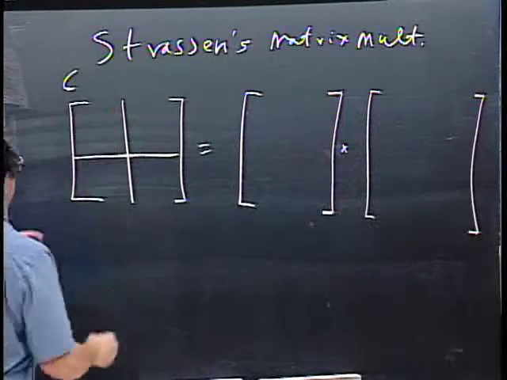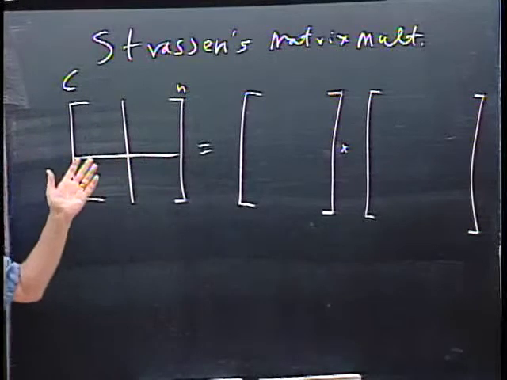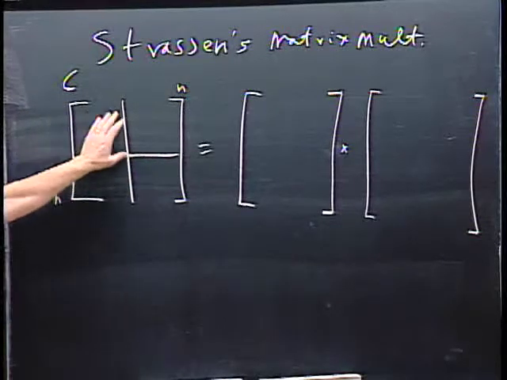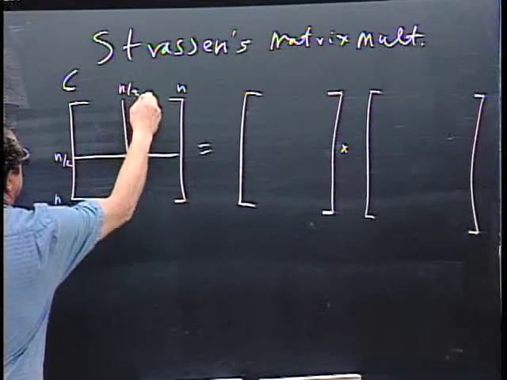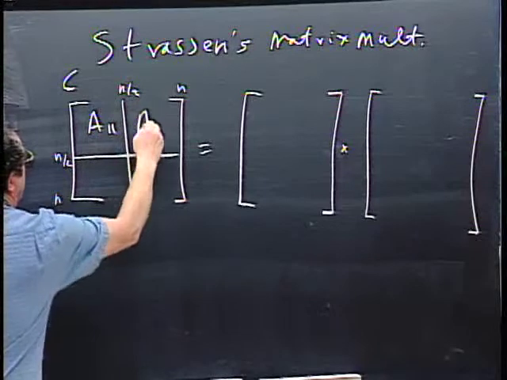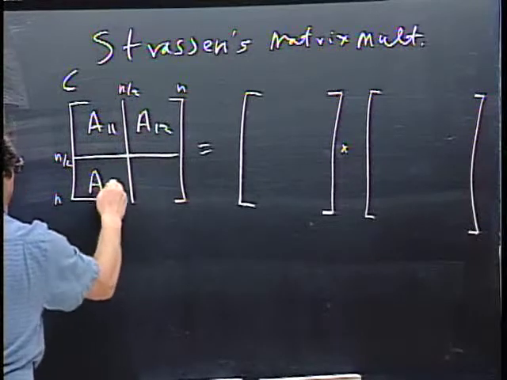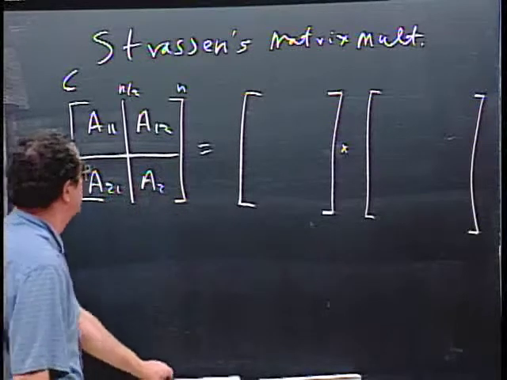Now this is an n by n, so this is very large, not just 2 by 2. And the submatrix here, which is n over 2 by n over 2 in size, we'll call this capital A11, capital A12, capital A21, capital A, oh, I don't want that to be A, excuse me.